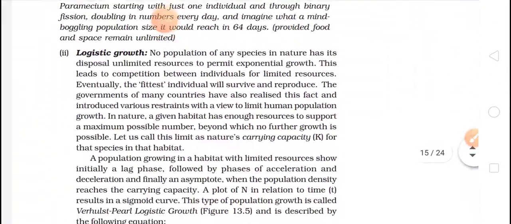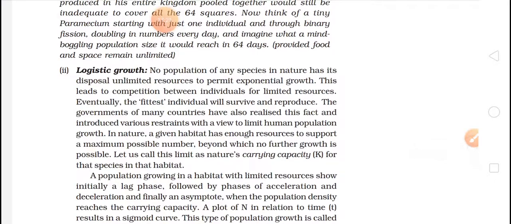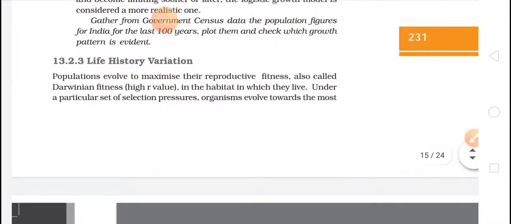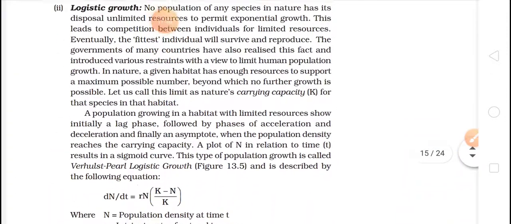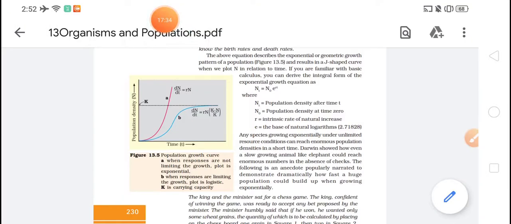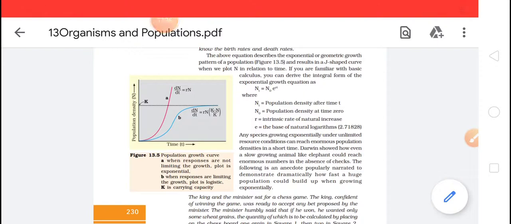is logistic growth, where we plot a graph. The graph is given over here. See, I'll explain. They have given a graph where they have shown population density and time. Two things are there, which I have explained.